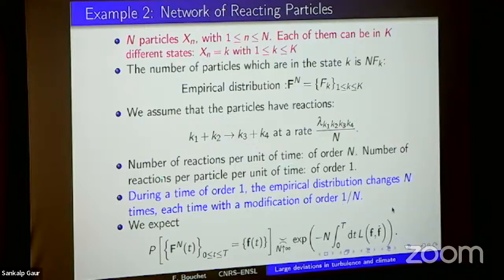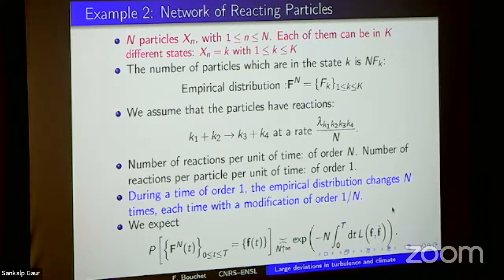Now I take the limit where the number of reactions per unit of time is of order n, and the number of reactions per particle per unit of time is of order 1. And I look at how this distribution evolves, and then I look at the probability that F_n is equal to F, and I get a large deviation rate function using the same rule as before.